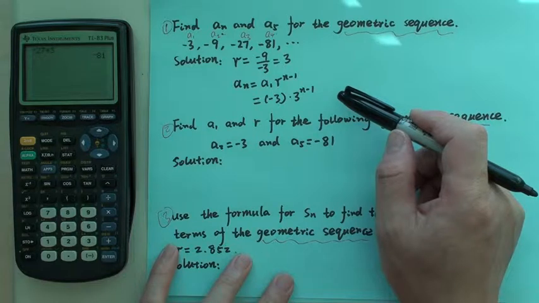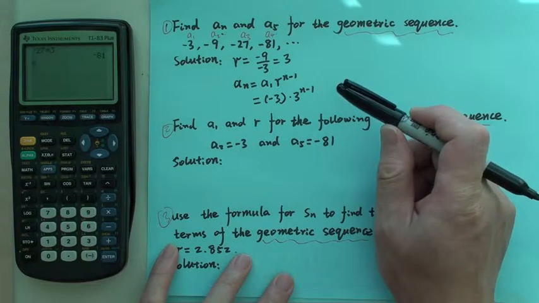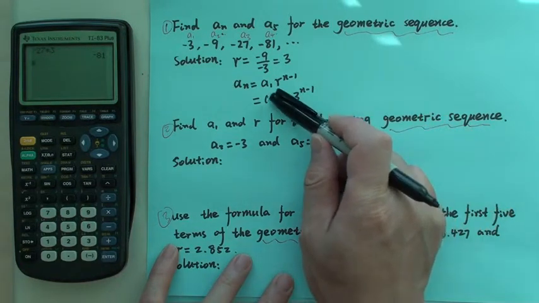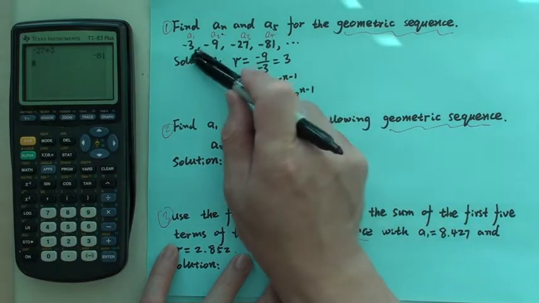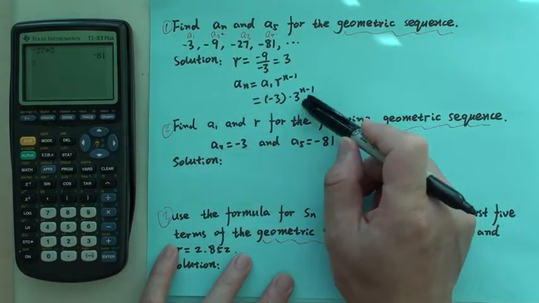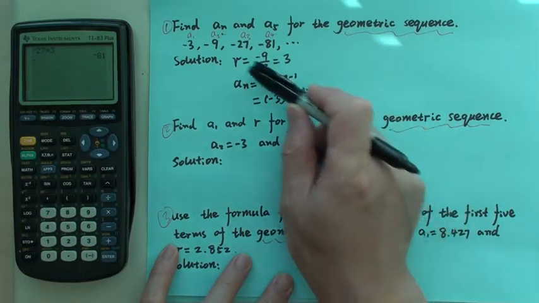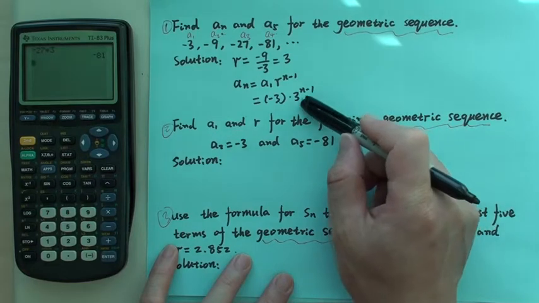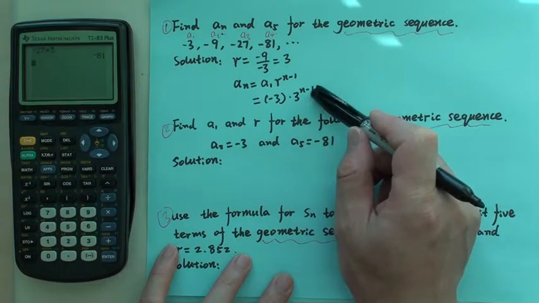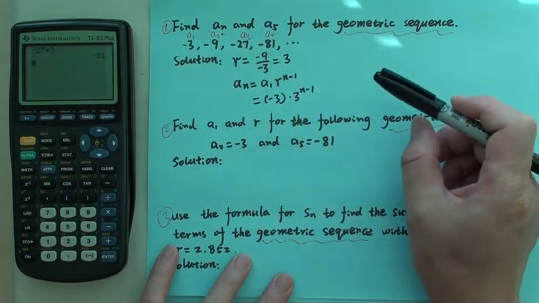So basically, you can see here the first term, a1, multiplied by 3 to the 1, you get that. Multiplied by 3 squared, you get this one. Multiplied by 3 cubed, you get this one.